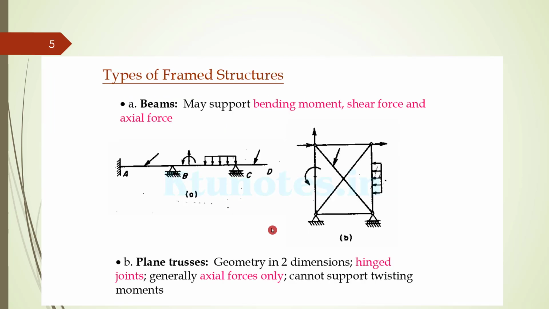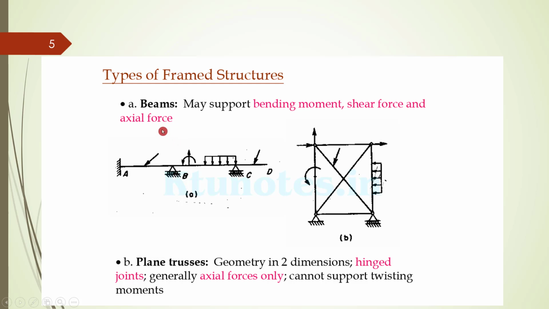Okay, so let's have a look at various structures and their actions first. There are different types of frame structures. Like A, it is a beam. So normally the beams are supposed to carry the loads, and they will take the load by undergoing bending moment, shear force, and axial force.